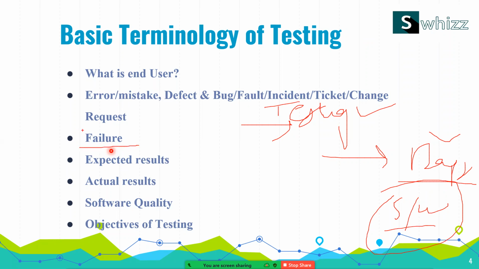To avoid these failures, to not get complaints from the client, we are performing the testing actually. We should not get this failure, because failures are very expensive. Under production, if the client is finding the deviation, it will be expensive.